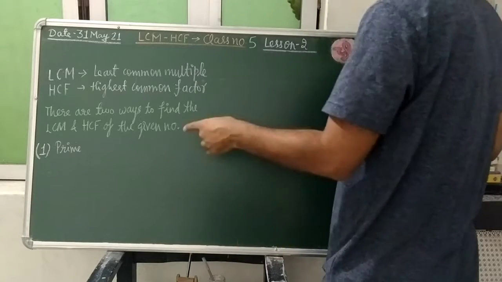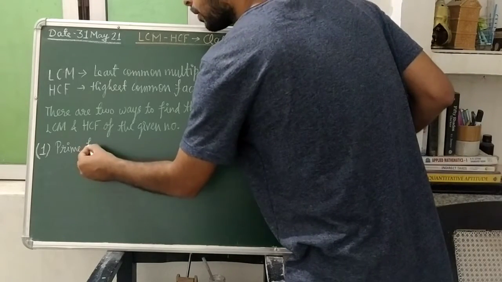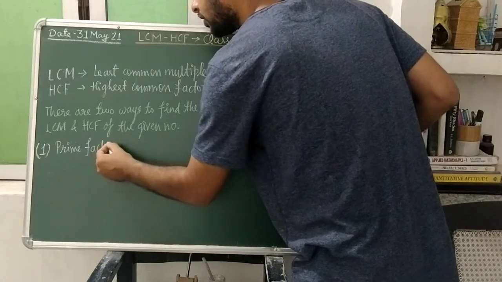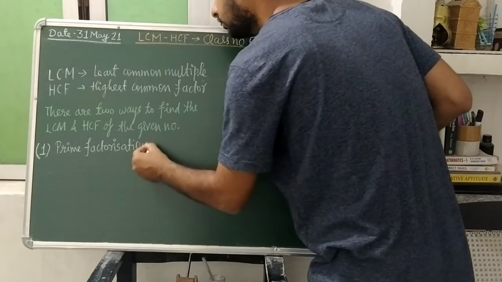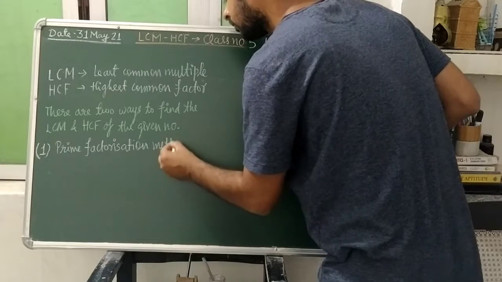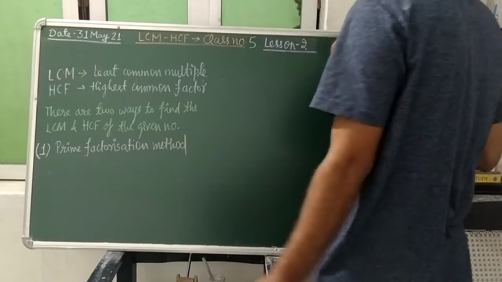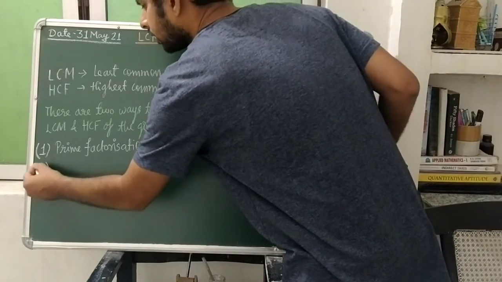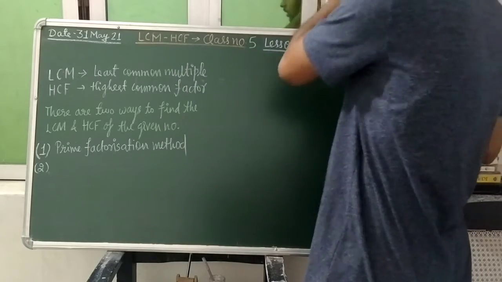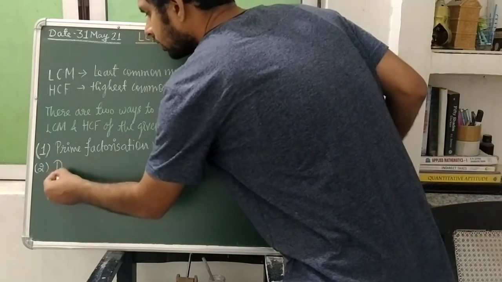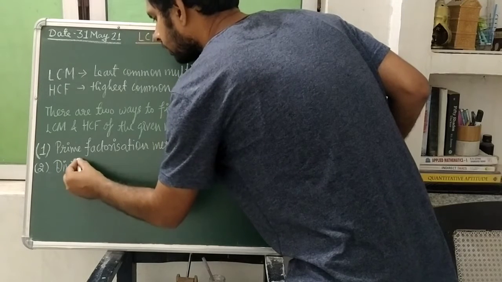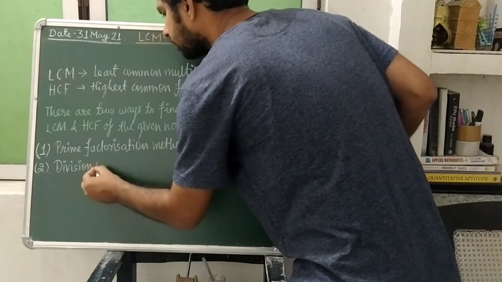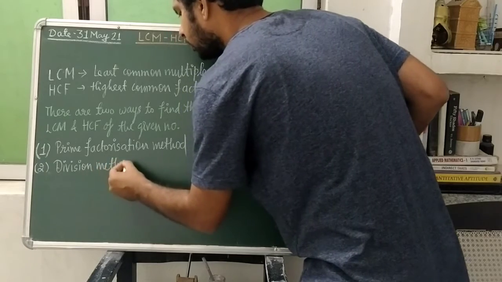What is it, students? Prime factorization method. And the second one is your division method. Okay students.